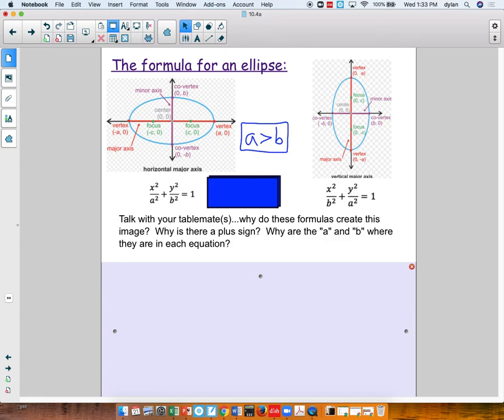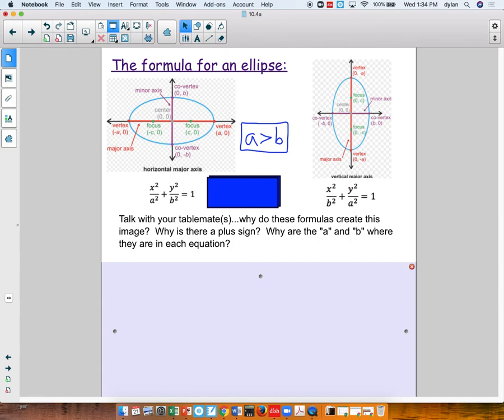And that's what creates the bounded nature of the ellipse. Instead of shooting off towards infinity, it has to wrap around on itself because the sum has to equal 1, so as x gets larger, y has to get smaller. And obviously those are squared, which is what creates its circular effect.